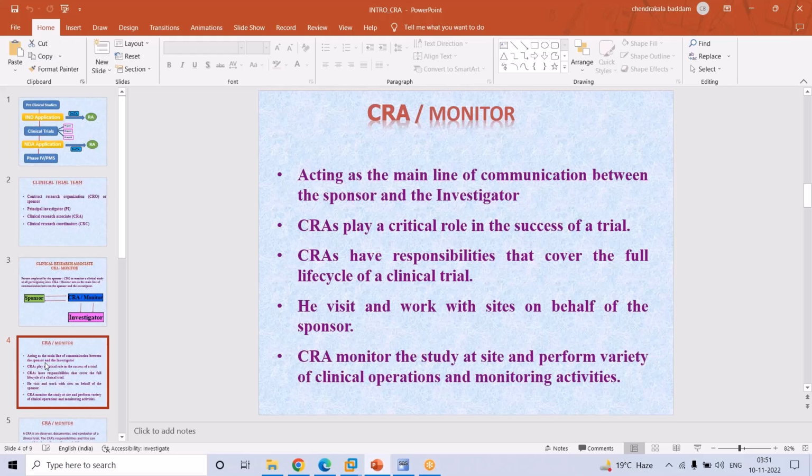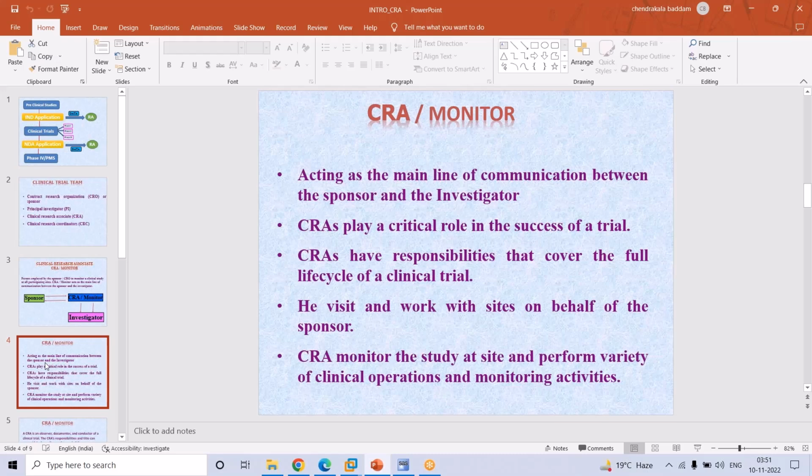So CRA plays a critical role in the success of a clinical trial, and CRA has responsibilities that cover the full life cycle of the clinical trial, starting with the initiation visit. Okay, so starting with the initiation visit till closeout visits. So starting of the study till closeout of the study.